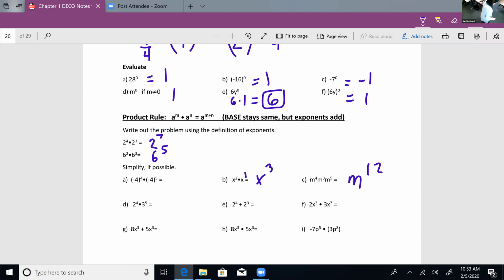Good job. Okay, can I do anything with 2 to the 4th times 3 to the 5th? Not in terms of leaving it with an exponent, because look at my bases. Are they the same? No. So it's just going to stay that way. What about 2 to the 4th plus 2 to the 3rd?